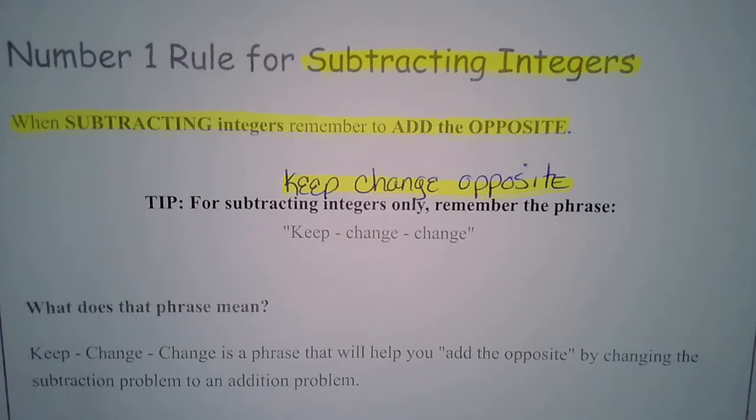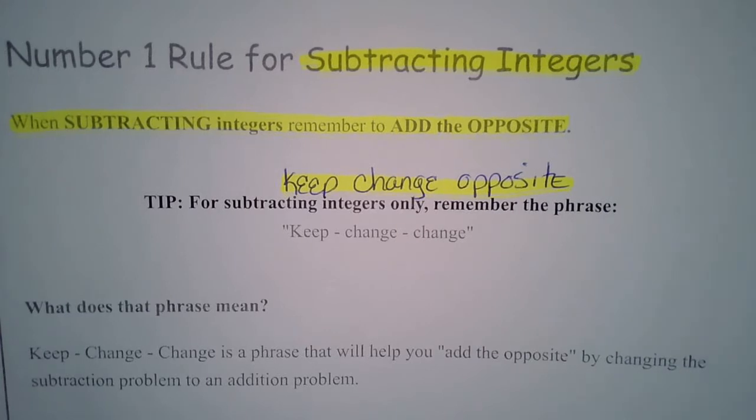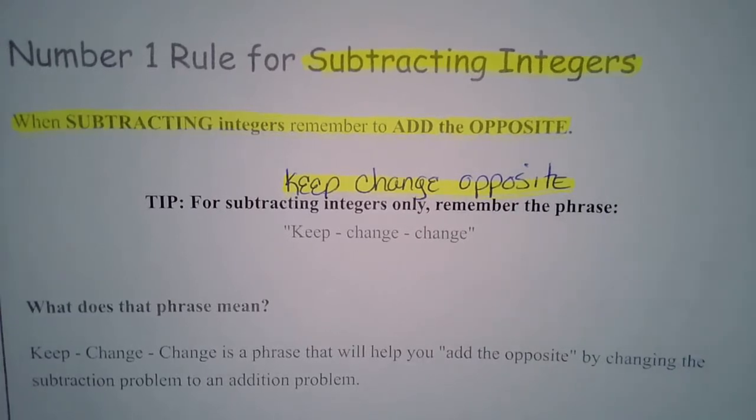Basically, they're going to give you an example, and you're going to use this little phrase to guide you in order to rewrite your problem as an addition problem so that we can stick with using those same rules that we used to add integers with same sign and different signs from my previous videos, part 1 and part 2. So they're going to give you an example.